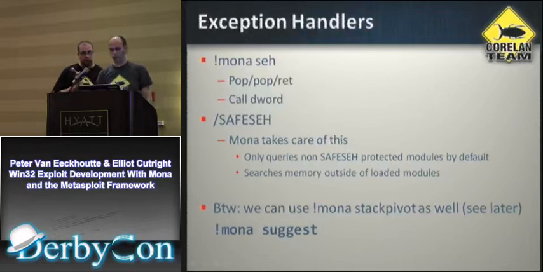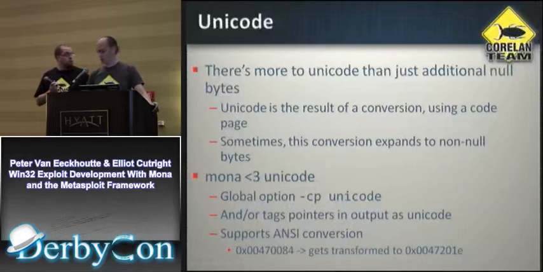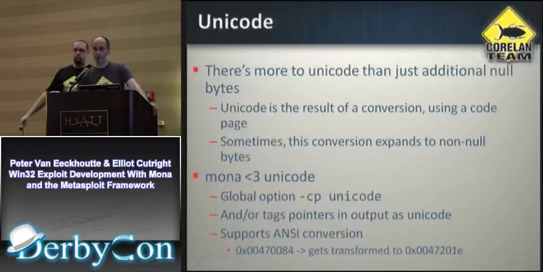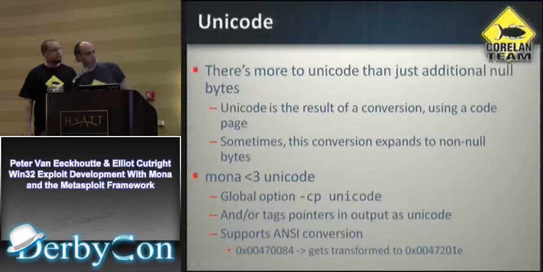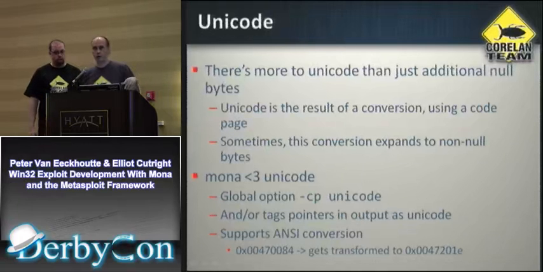Absolutely. So Unicode, it has nice support for Unicode. If you ever have to deal with Unicode exploits, finding a pointer is interesting, challenging, especially if you cannot find any pointers that look like this, like 00 byte, that will bring you to your payload. But we may be able to take advantage of conversion.